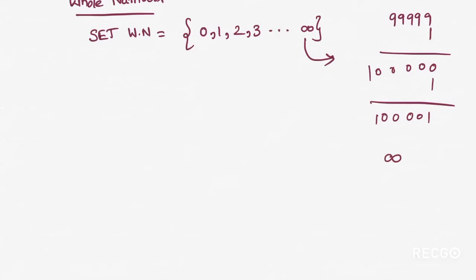Therefore, infinity is a higher number which is unpredictable. It is a positive number. On the negative side, it is negative infinity.